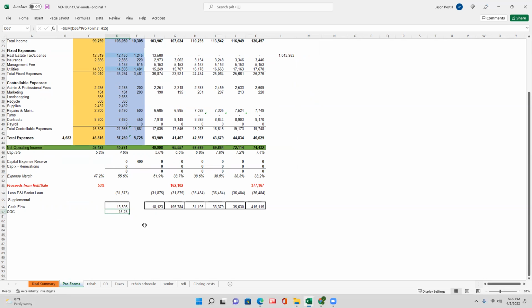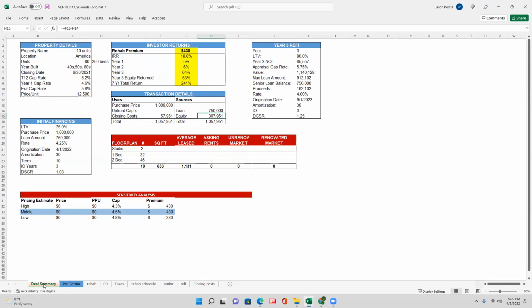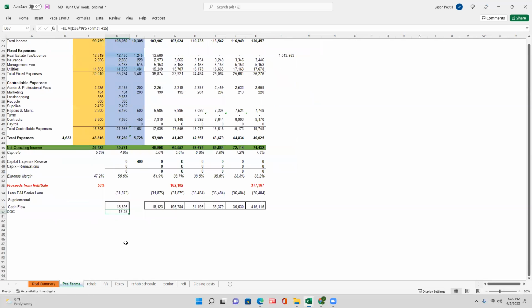Okay. So 13,896 divided by 307,951. Yeah, it's 4.5% cash on cash. I don't know why that's doing that.